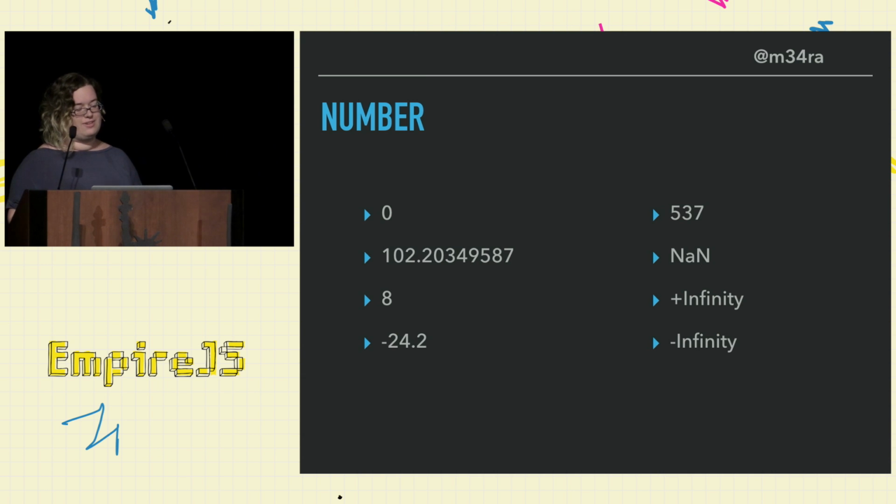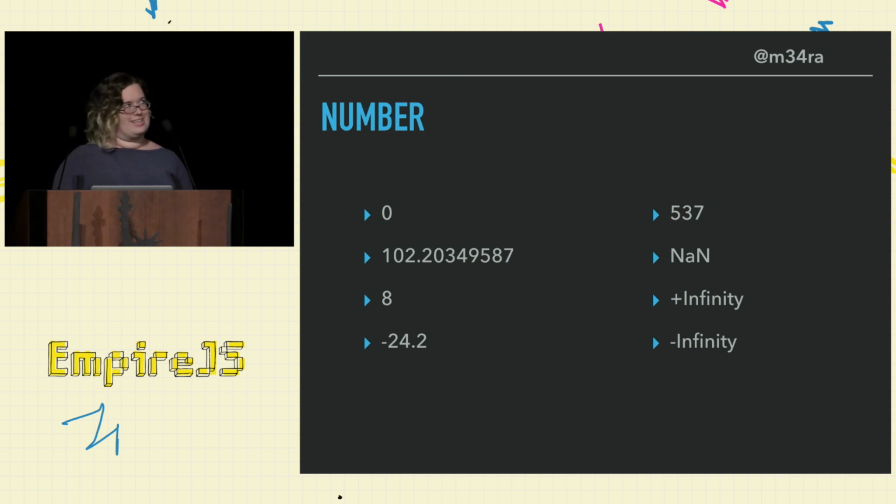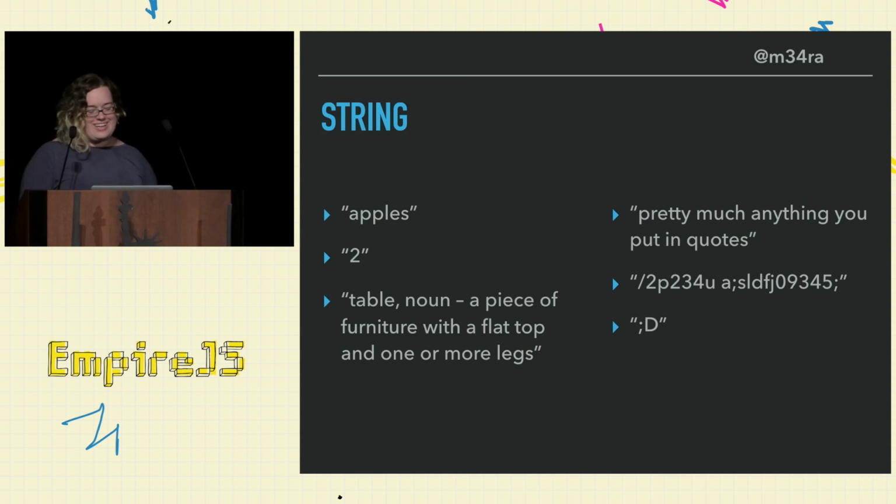There's plus and minus infinity, which we're not going to worry about for the purposes of this talk, and this thing called not a number, which is what NaN stands for. Fun fact: if you call typeof on not a number, you get number. Hilarious. Thanks, JavaScript.